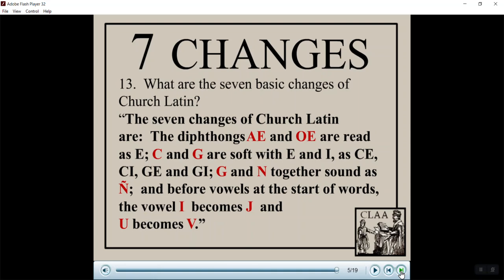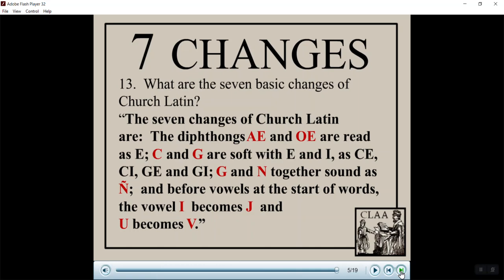The 7 changes of Church Latin are: the diphthongs ae and oe are read as e. Ce and ge are soft with e and i, as che, chi, je, and ji. Gn together sounds as enye.